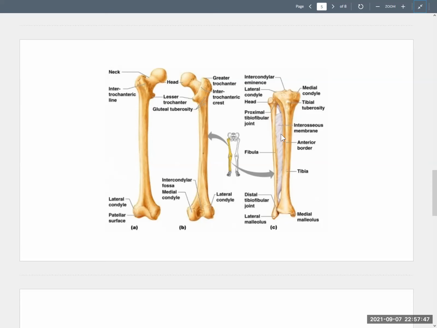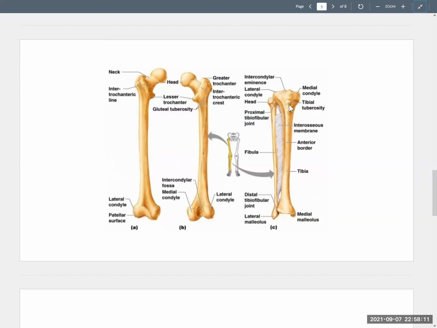Don't worry about the membrane except to know that it's amphiarthrotic. We talked about that. Come down from the top of the tibia, straight down the middle front, and there's a bump. That's the tibial tuberosity.